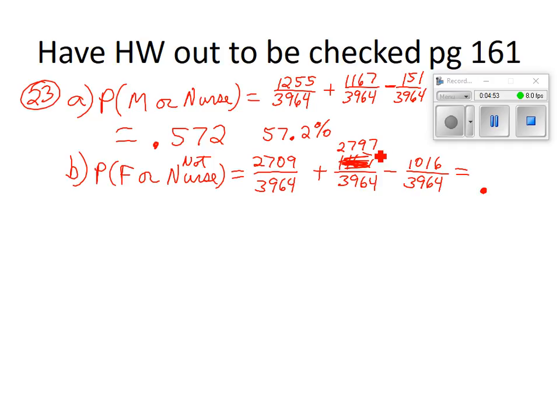Now, female nurses? No. It says female or not a nursing major. So don't put the two things together. Now do that. What do you come up with? I messed that up too, didn't we? I have like a 1.13, and that's not right. So we have to take out people who are females and not nurses at the same time.